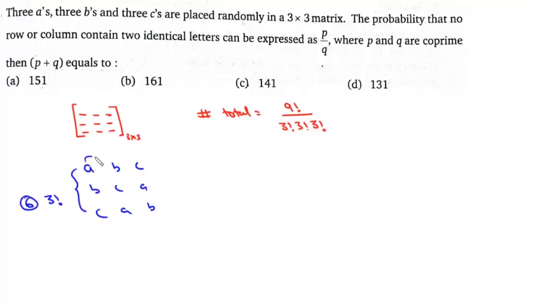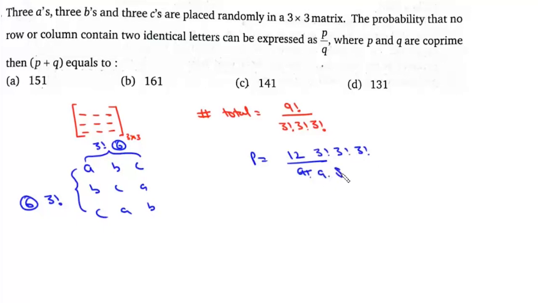We can also arrange them along the columns. So again it will be factorial 3, that is 6. So the favorable number of cases where no row or column will contain 2 identical letters is 12. So this required probability will be 12 upon factorial 9, factorial 3, factorial 3, factorial 3.